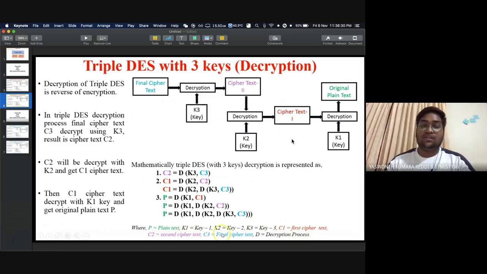Then C1 is decrypted with K1 to get the original plaintext P.